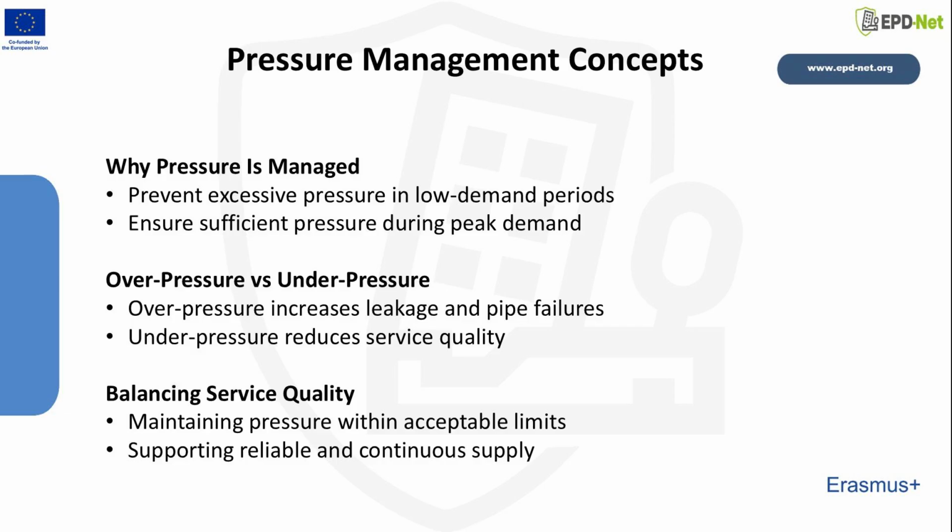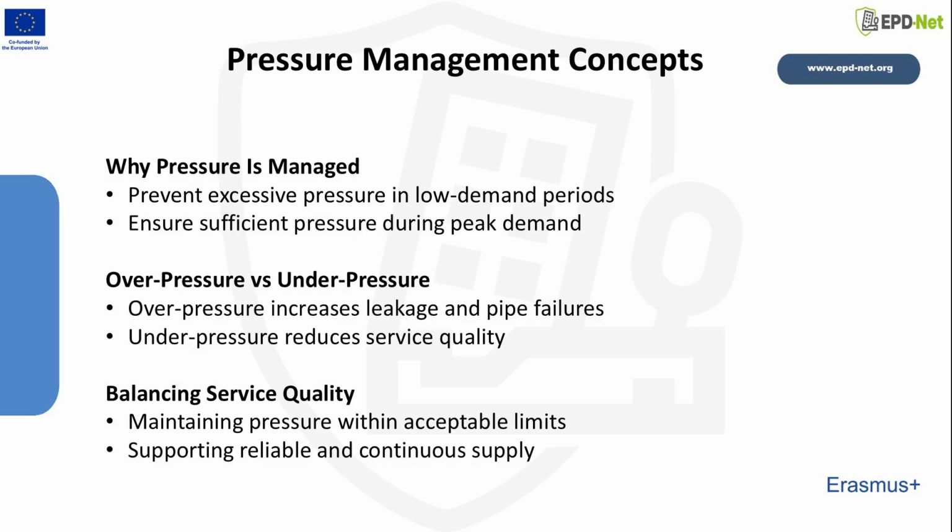Pressure management refers to the systematic control of pressure levels within a water distribution network. The primary goal of pressure management is to prevent excessive pressure during low demand periods while ensuring sufficient pressure during times of high consumption. Overpressure is a major concern because it increases leakage rates and accelerates pipe deterioration and failures.